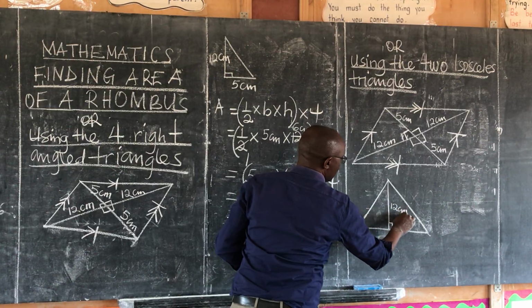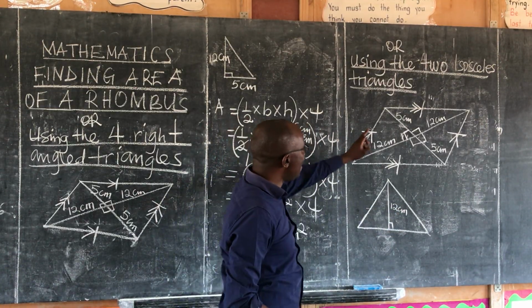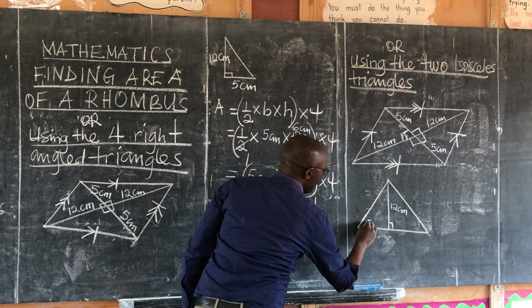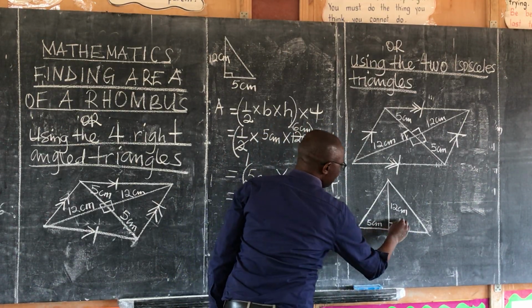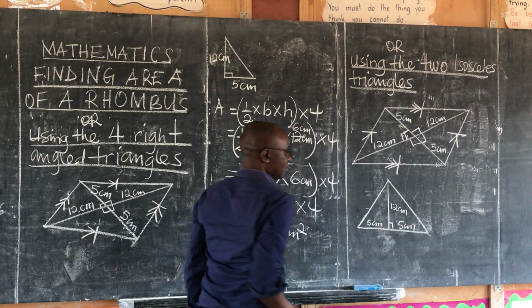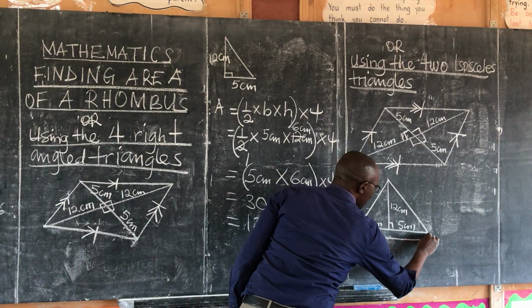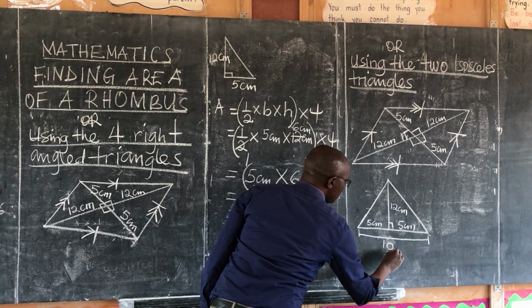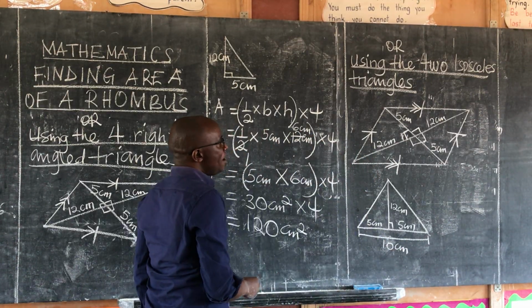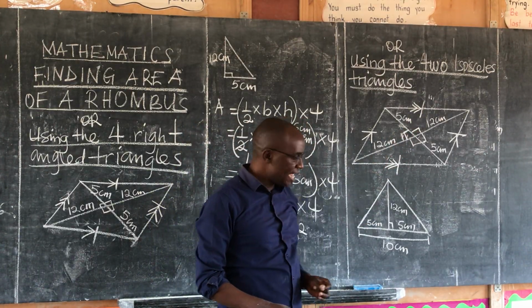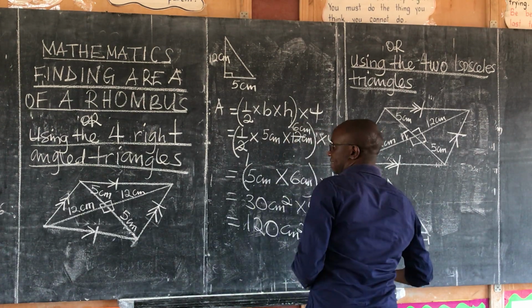Remember the base. They said here it is 5 centimeters, and here it is 5 centimeters. That is the base. Meaning that when you add the two, the distance from here to here, you get 10 centimeters. But remember, the isosceles triangles are two, and they have the same base.